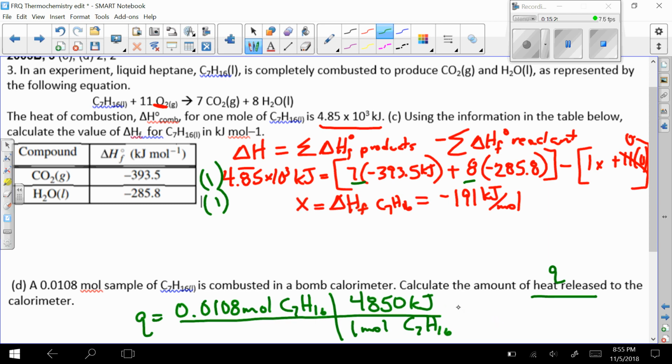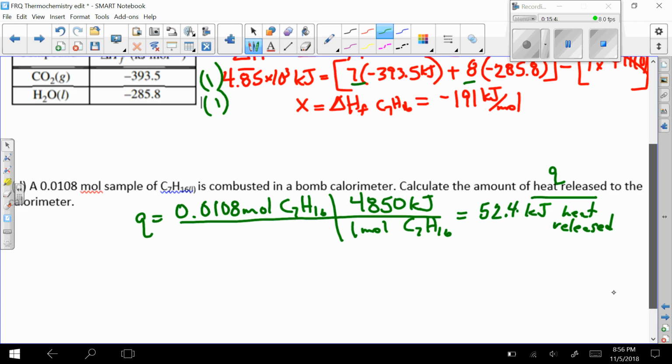If we go through and multiply, you will find out that there is 52.4 kilojoules of heat released, or negative 52.4 kilojoules. Okay, on to the next year.